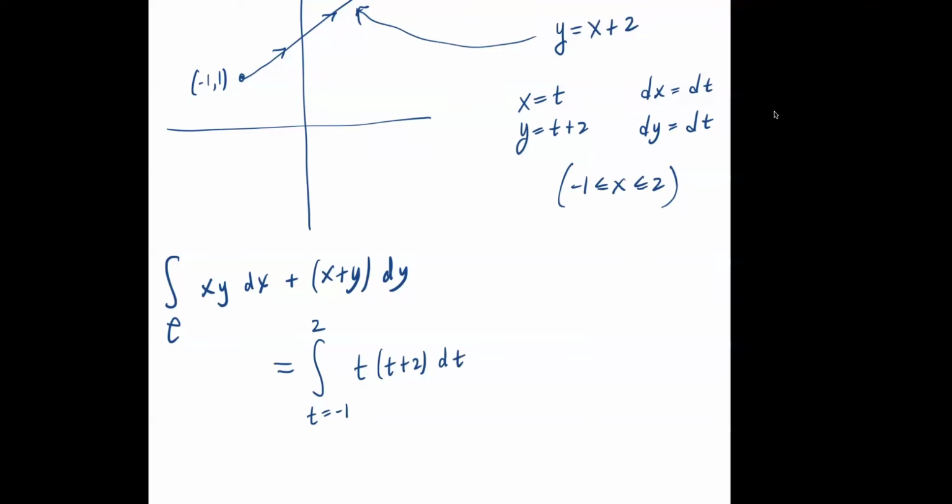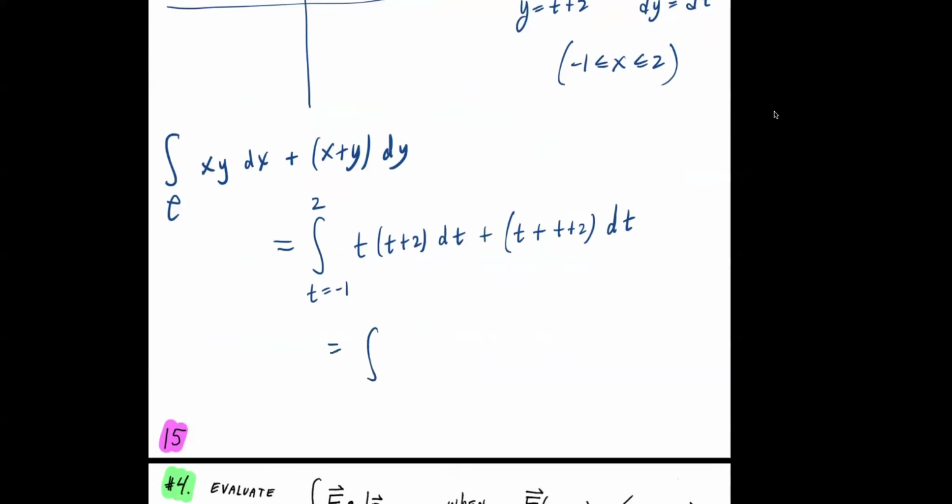Then we have (x plus y) times dy. In this case, dy is dt. And so if you put everything together, we've got a t squared, this is 2t, 3t, 4t plus 2. And if you do this integral, you get 15.